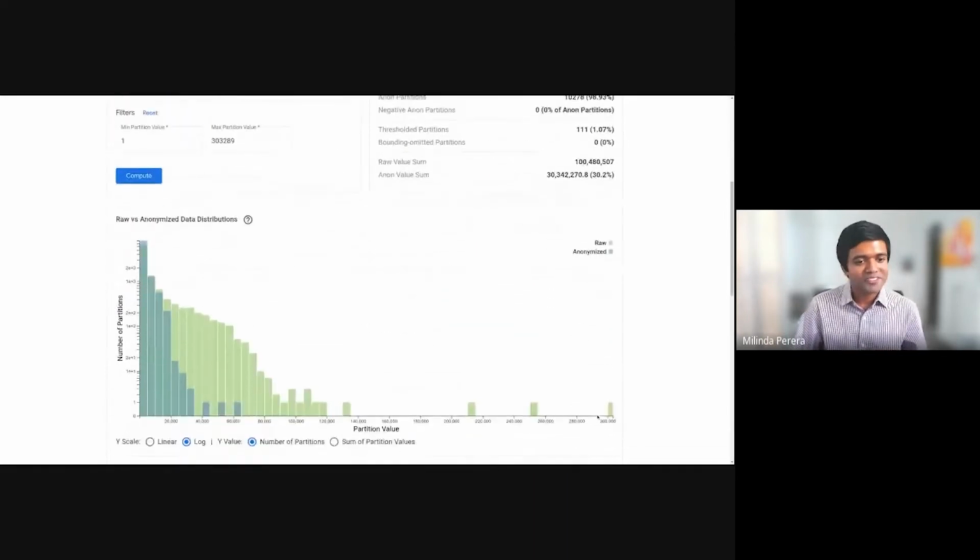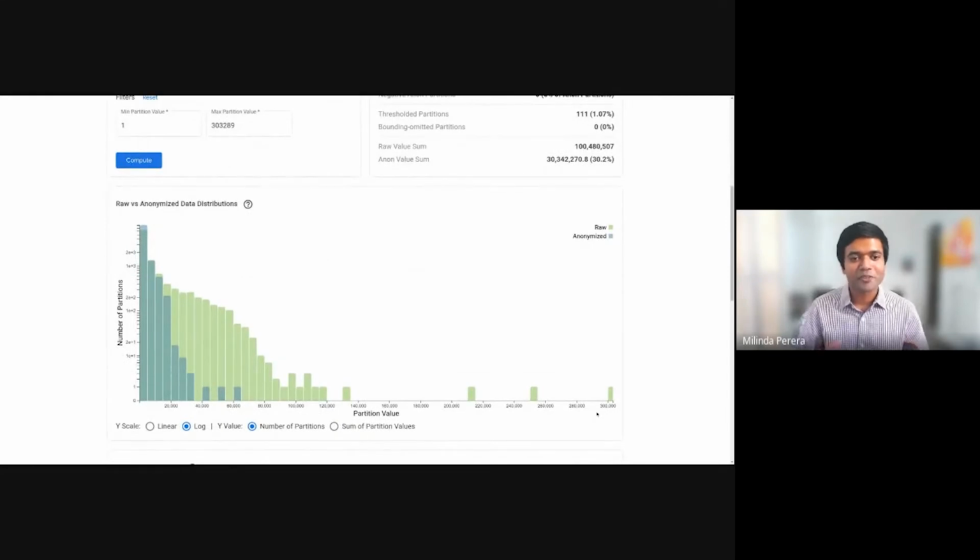We also have several plots that dive into the changes introduced by anonymization. This plot is a histogram where we show the distribution of values in the anonymized output and the raw output. The x-axis shows different value ranges, in this case, movie count value ranges.